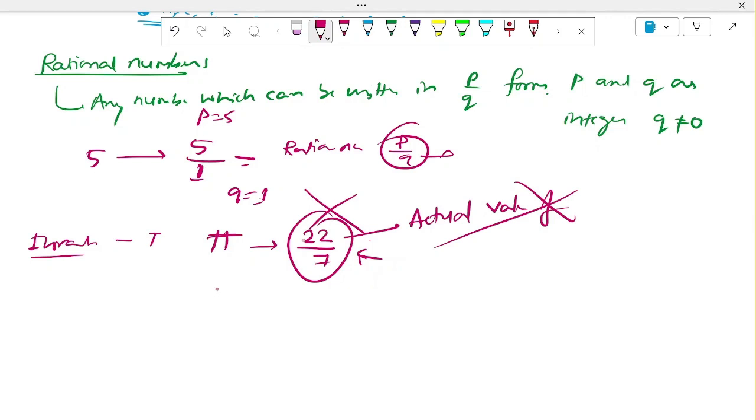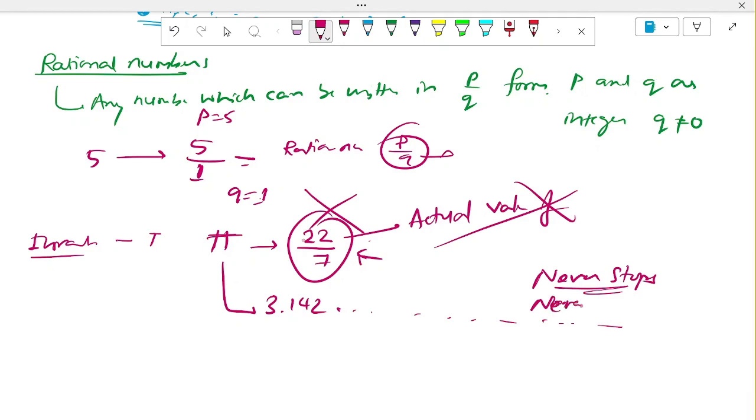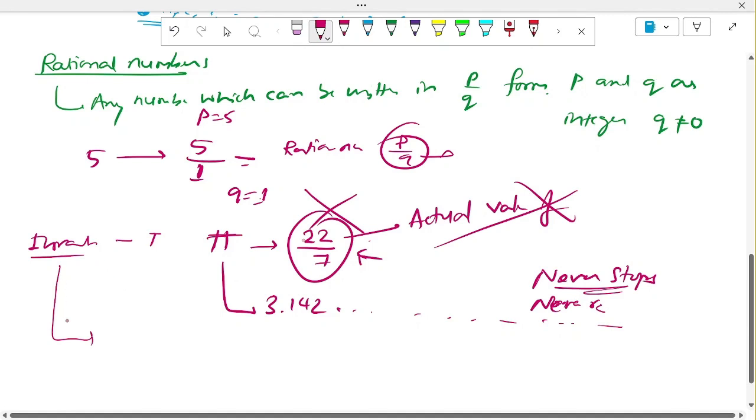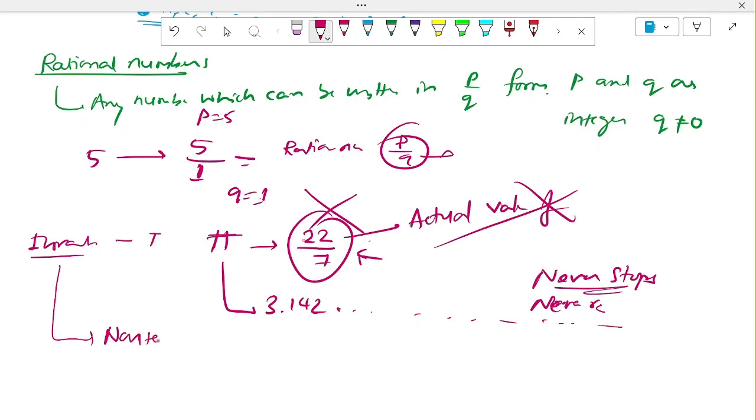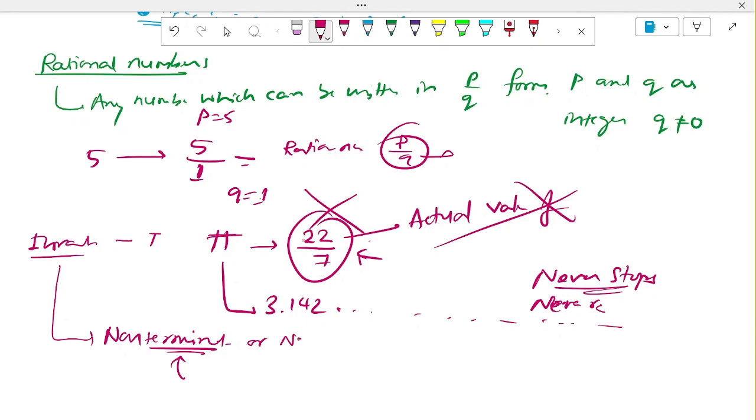But the actual value is 3.142 something. It never stops, and never repeats also. So there is a definition for irrational numbers. They are non-terminating, which means they do not stop, or non-recurring, where recurring means repeat.